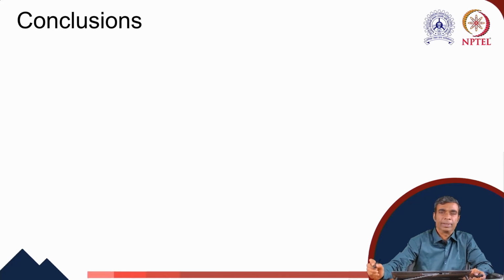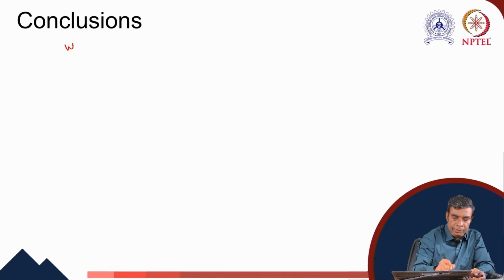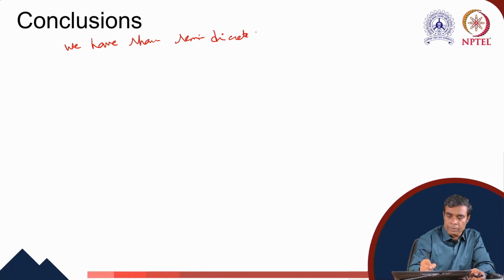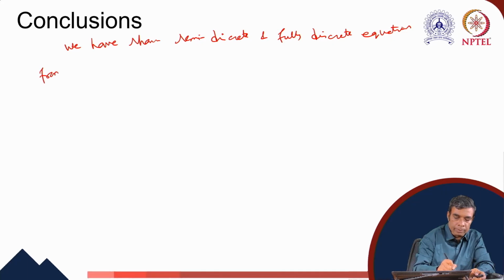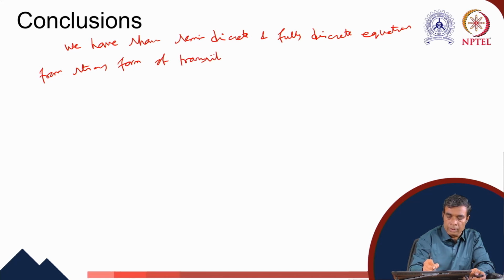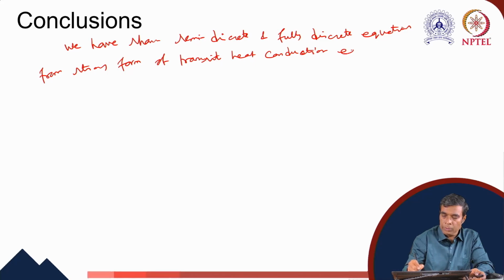We conclude today's class here. In today's class, we have shown semi-discrete and fully discrete equations from the strong form of the transient heat conduction equation.